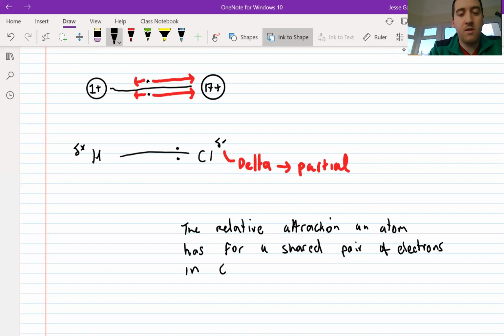That's what we've been talking about. When we put two atoms together, we compare them, we talk about the relative attraction each atom has for a shared pair of electrons in the covalent bond.